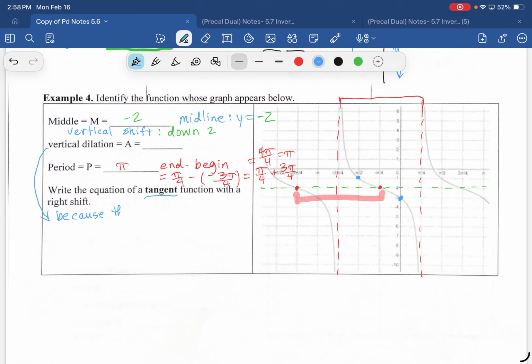So phase shift or horizontal shift means in our equation we need x minus 3 pi over 4.